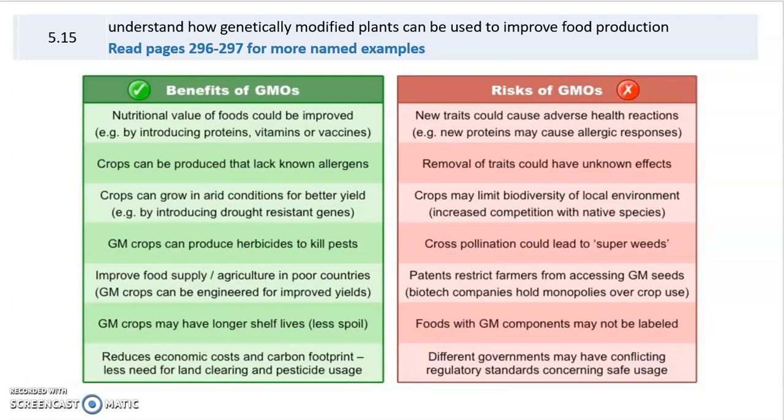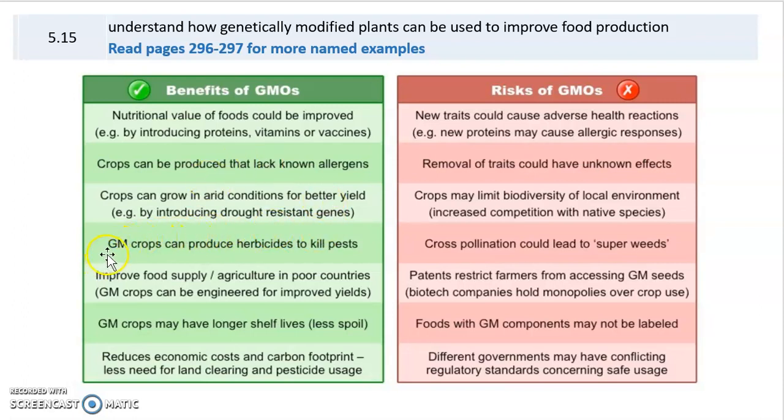We also can produce crops which have got characteristics which allow them to be hardy. For example, they could be drought resistant, frost resistant, salt resistant, all the things that we spoke about previously in terms of artificial selection. But make sure that you appreciate that here we're not doing artificial selection. We are deliberately introducing a foreign gene to get this particular trait.